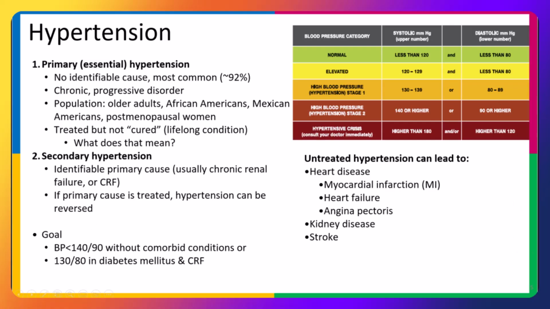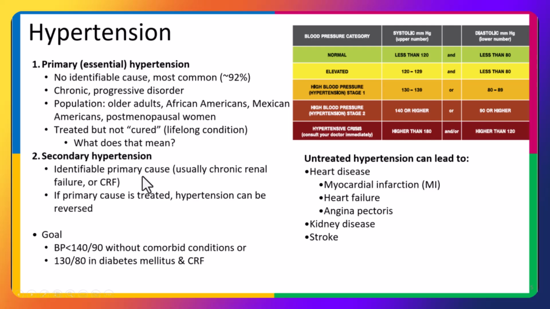Okay, secondary hypertension. This type has an identifiable cause. That's the secondary component. So, for example, it could be somebody that has chronic kidney disease or even chronic kidney failure, that's chronic renal failure. The good news is that if you treat the underlying cause, the high blood pressure can sometimes be reversed.